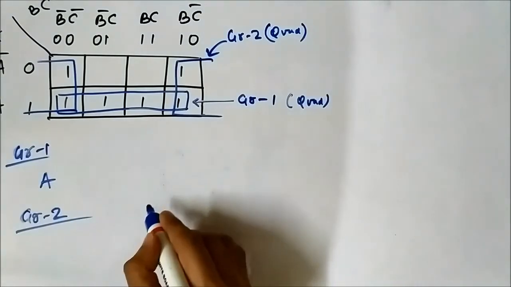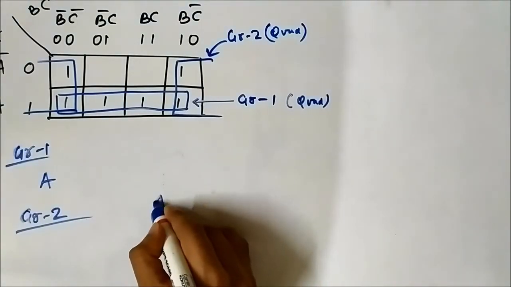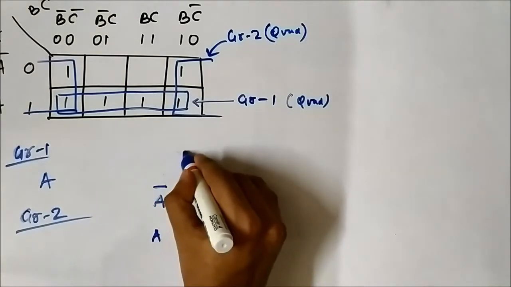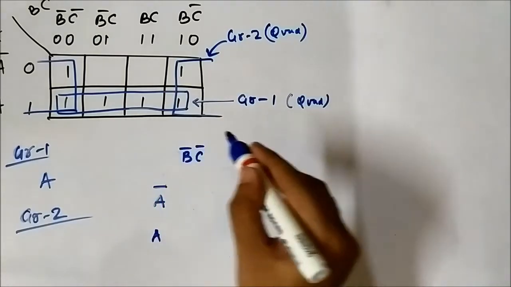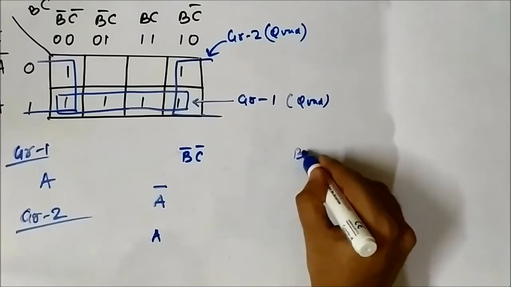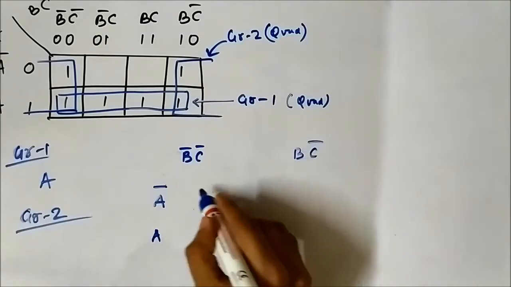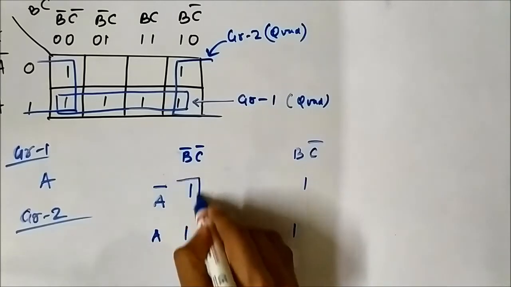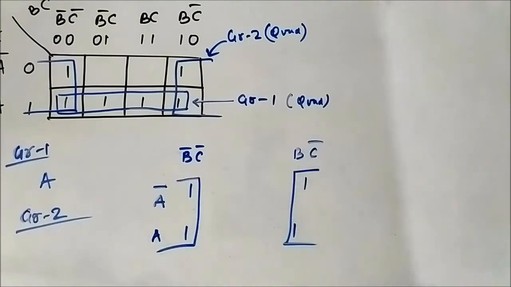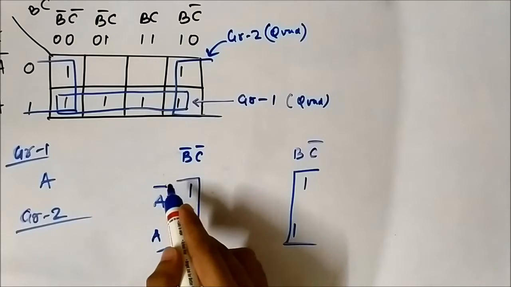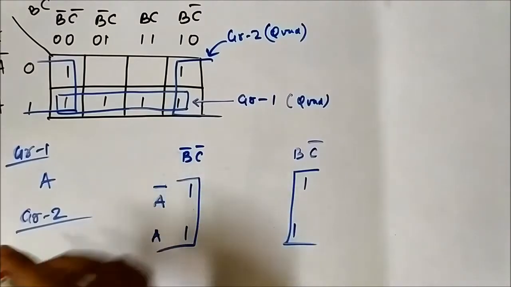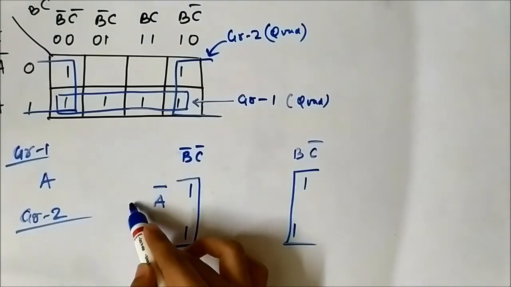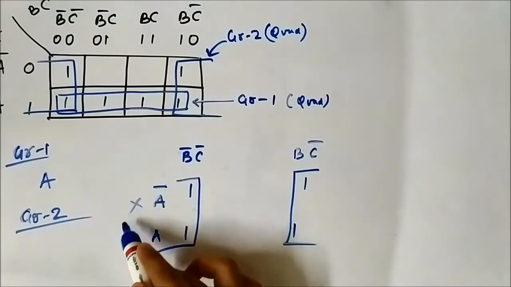Let me try to make you understand here. A bar, A, B bar C bar, B C bar. It is like this, isn't it? 1 1 1 1. The quad is formed like this. So in the horizontal components, the cells, there is nothing common.